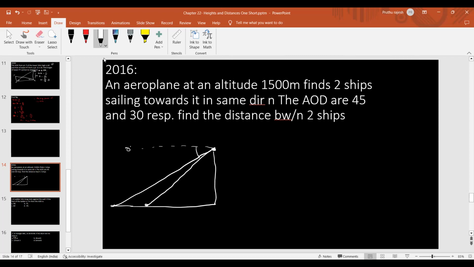Here 45, and the angle close to the big triangle is 30 degrees, and they have named it as A B C D.